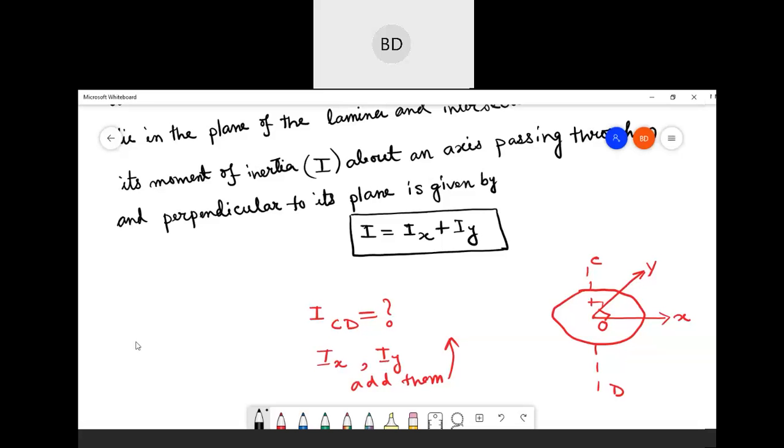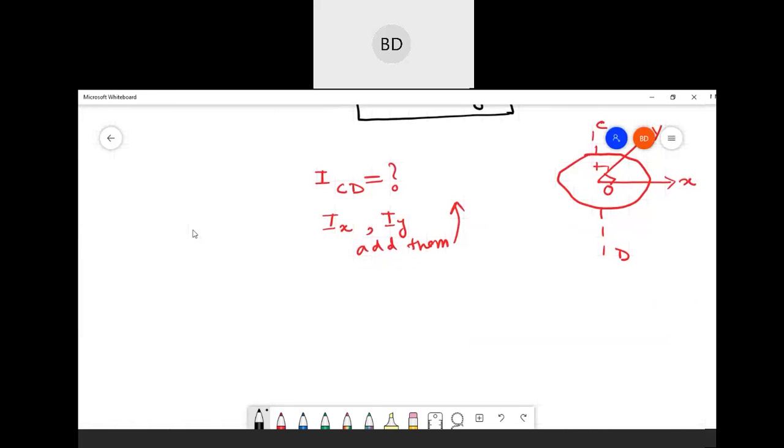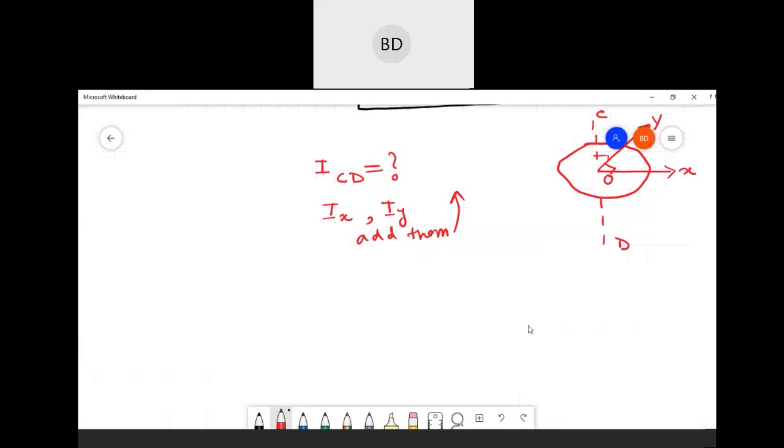So let us move to the next theorem. In this, we are not going deep into it. We are not going into the derivation of it, but from an engineering point of view, we need the application. So its different applications may be like, suppose you have a flat bar of this kind, and you have to find the moment of inertia about an axis passing through any point, suppose this point, and perpendicular to the plane.